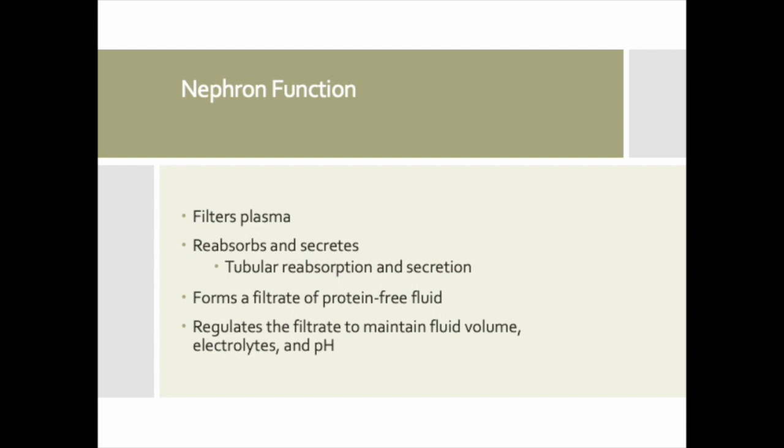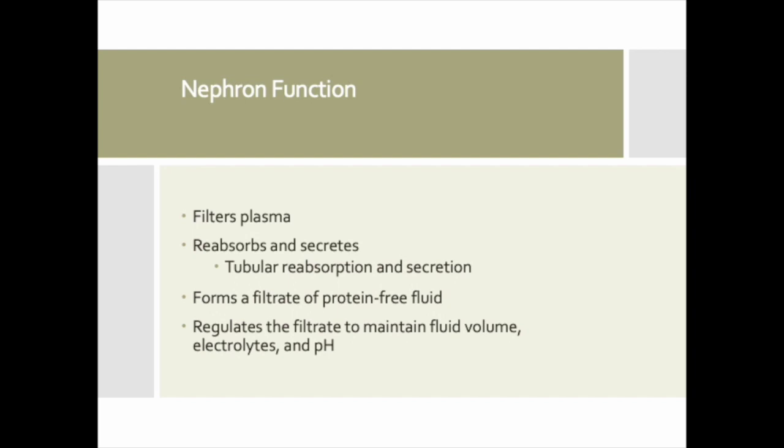And we talked a lot about the nephron being a functional player in the formation of urine, but it also can perform other functions simultaneously. It filters our plasma at the glomerulus. It can help with the reabsorption and the secretion of different substances along the tubular structures.